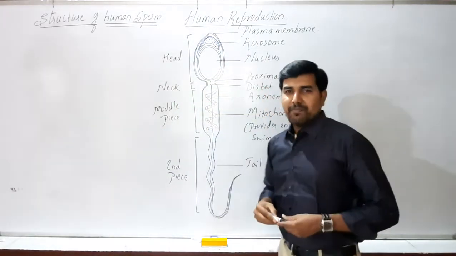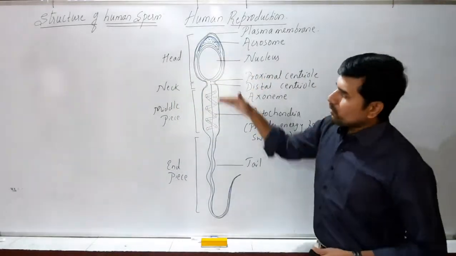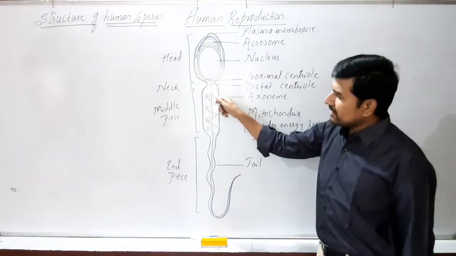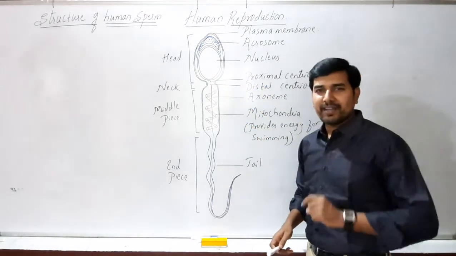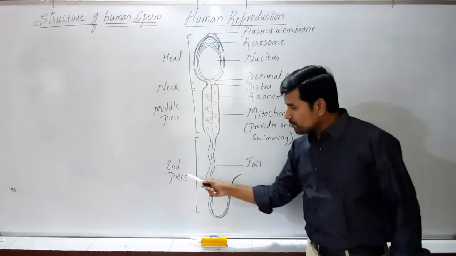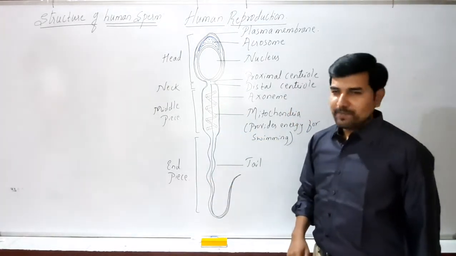Now look at the sperm. Sperm is divided into 4 parts. First part is the head. Second, the smallest or short part is called the neck. Third part is the middle piece. And the last part is called the end piece.